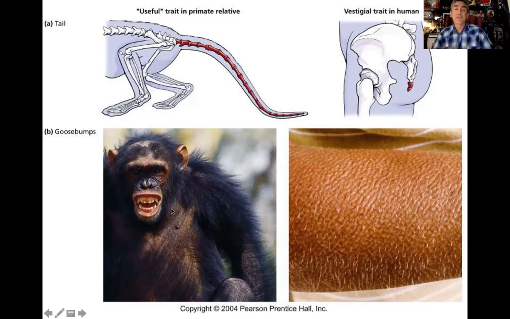Most of the vertebrates also generate goosebumps to stand the fur up, to stand the feathers up, to make the bird look puffier, to make the chimp look bigger, to insulate more heat. So very useful for other species. For humans, this is not going to keep us much warmer. It's not going to make us appear much bigger, right? So we consider that a vestigial trait for humans.